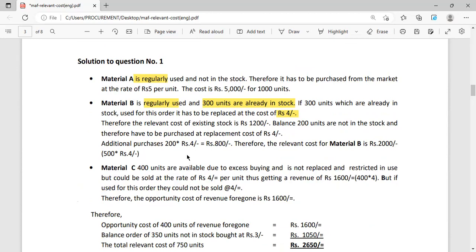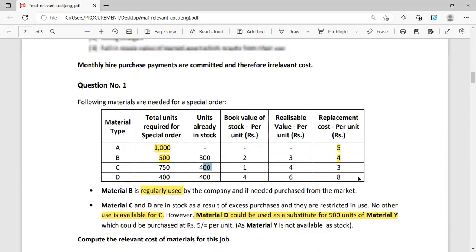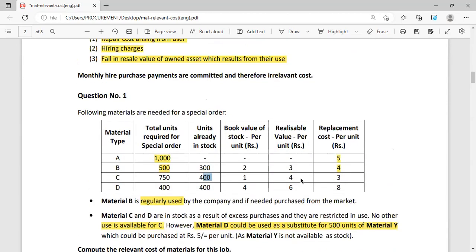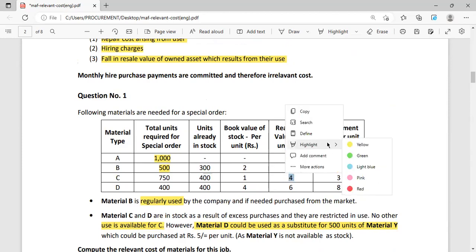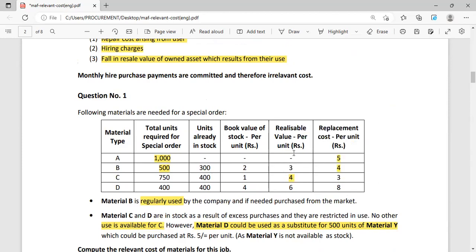Material C is not regularly in use, so we don't need to use the replacement cost for that, and it could be sold at the rate of 4 naira per unit, thus getting a revenue of 1,600. So let's go back and see. We are going to use the resale value because it is not regularly in use. So the only thing you can do is just to sell it as scrap.